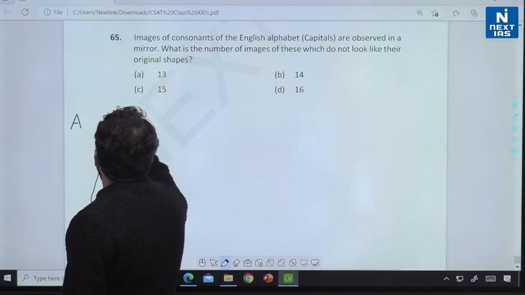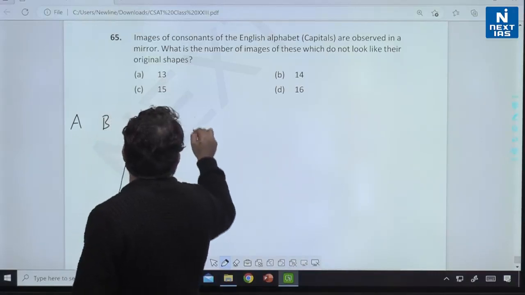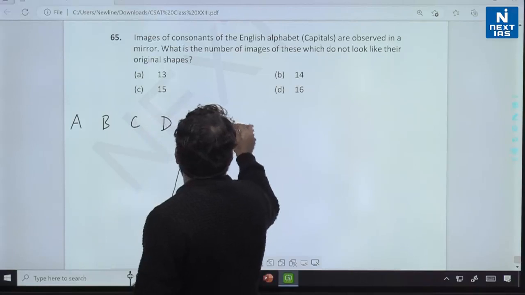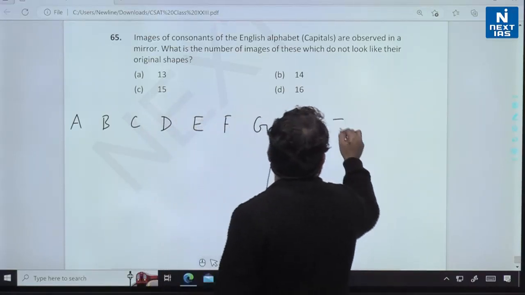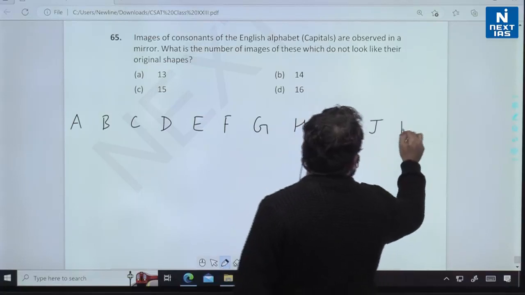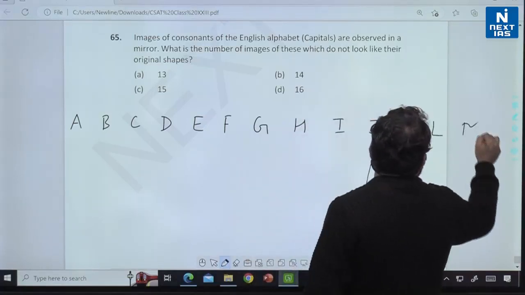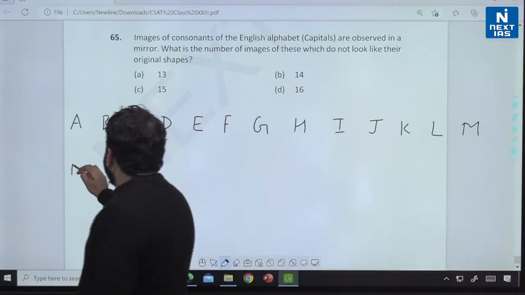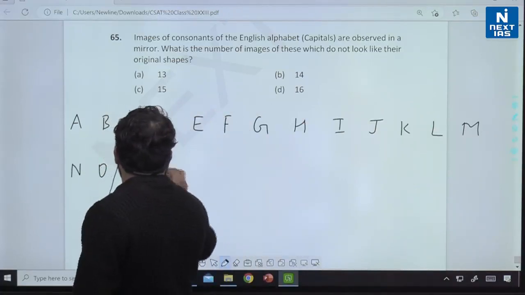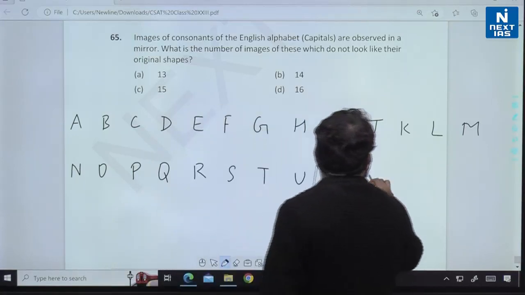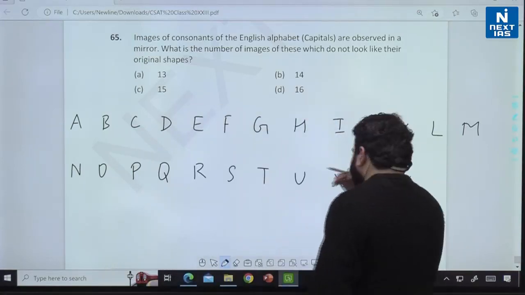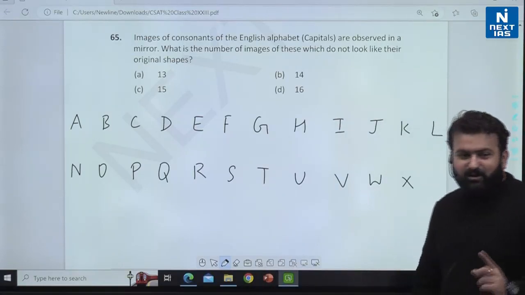A, B, C, D, E, F, G, H, I, J, K, L, M, N, O, P, Q, R, S, T, U, V, W, X. Now look, what is the most common error here?